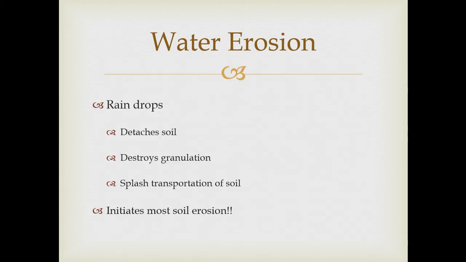And like I said, raindrops detach the soil, destroy that granulation or our good soil aggregation that helps hold the soil particles together, and then that splash transports the soil, not only causing erosion, but soil splash can also cause some fungal or bacterial diseases in plants, especially agricultural plants or annual growth.